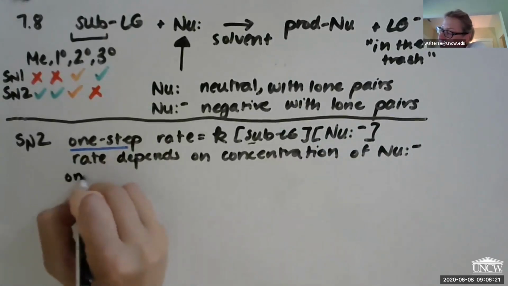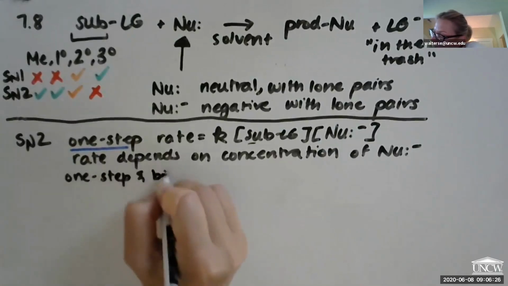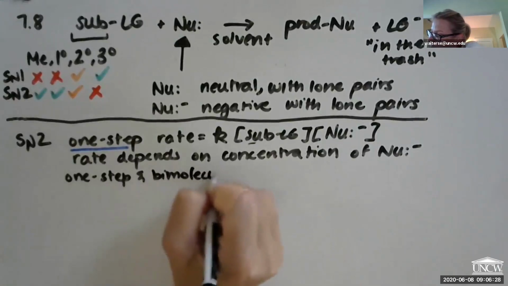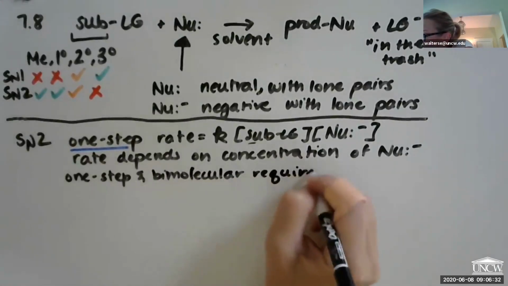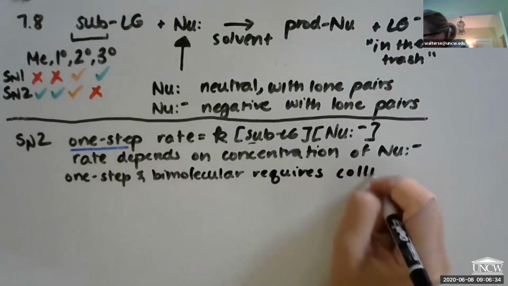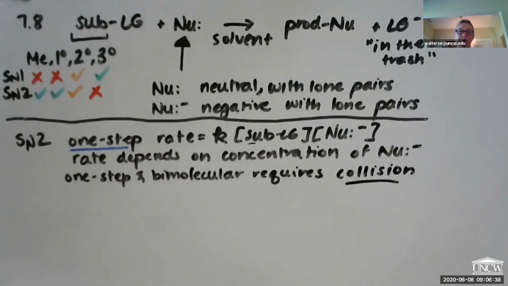One step and bimolecular requires a collision. The two species, the substrate and the nucleophile, have to physically collide in space or in the solvent in order for this reaction to take place.